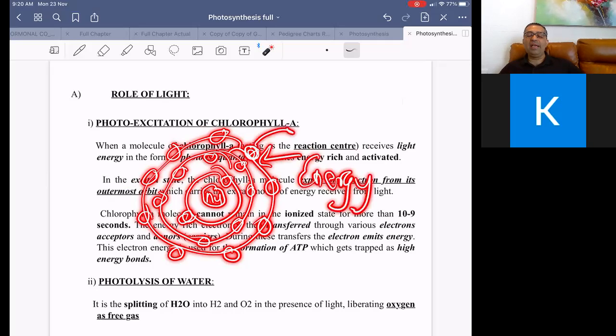Now you've done it in chemistry. Where does an electron always go with excitation energy? To an outer orbit, but this is the outermost orbit.